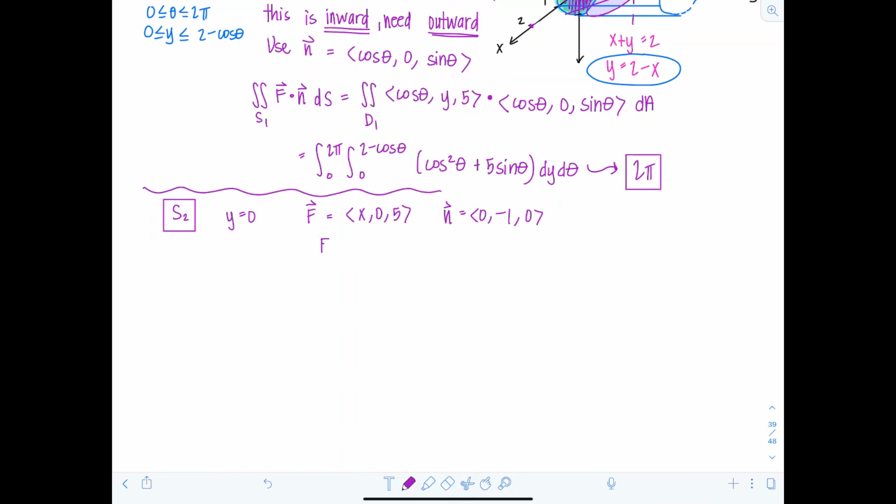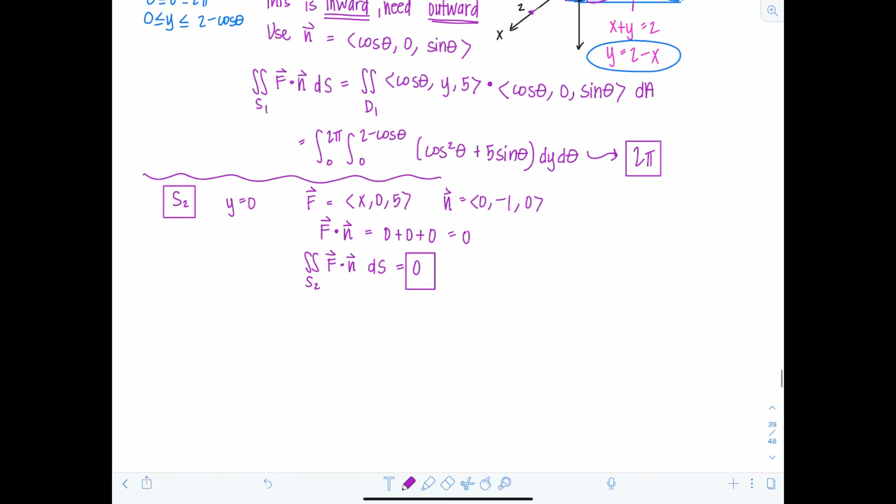All right, now f dot n on that surface is going to be 0 plus 0 plus 0, which is 0. So the flux on that second surface, y equals 0, is going to be 0.